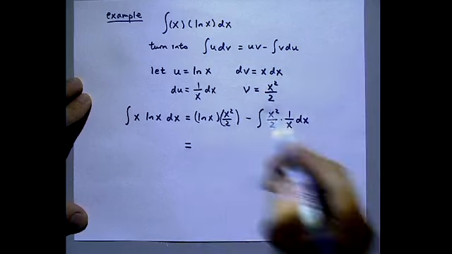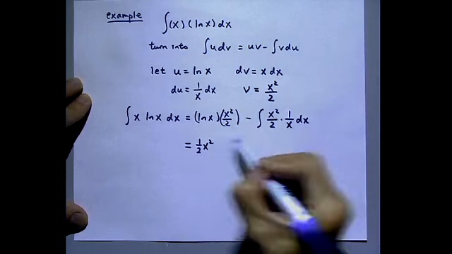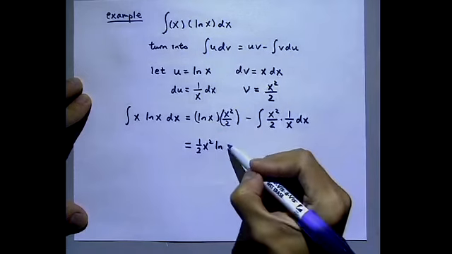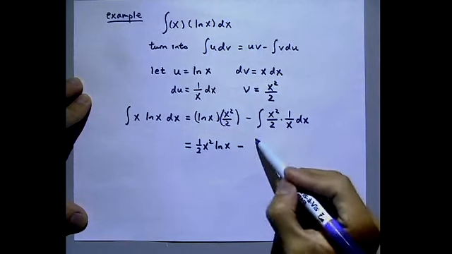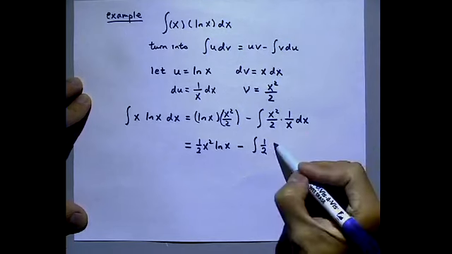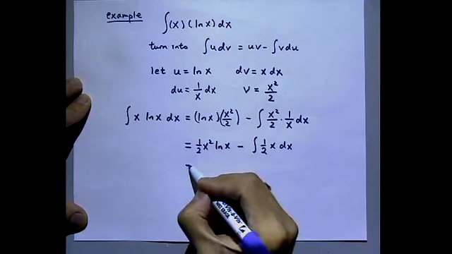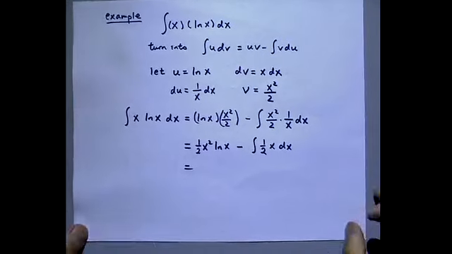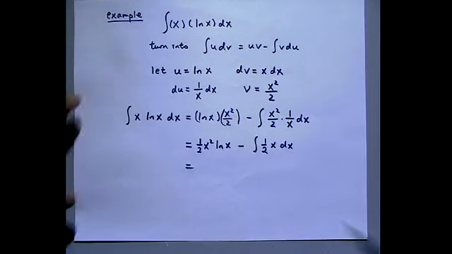Then we simplify things a little bit. Let me rewrite this. We often see x squared, x comes before natural log of x, so just rewrite a little bit. And over here, I have 1/2 x squared over x. That's just an x to the first power. So what I got left to do here is just a very simple integral at the very, very end.